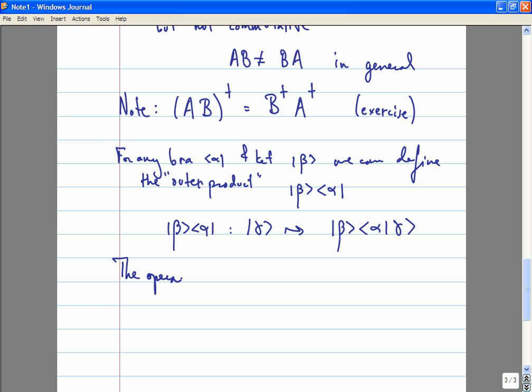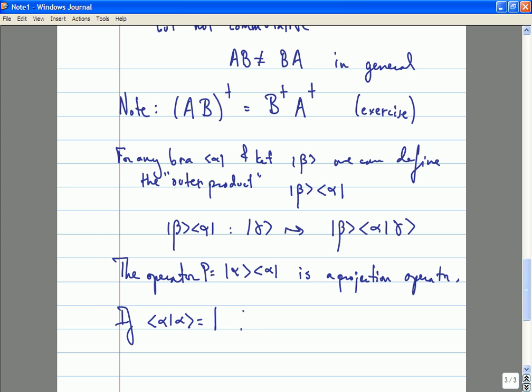The operator alpha alpha is known as a projection operator. And if the state alpha is unit normalized, then this projection operator has the property that P squared is equal to P, where P is the operator alpha times alpha.